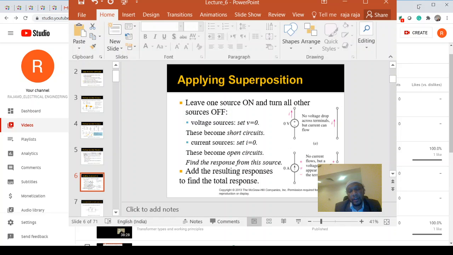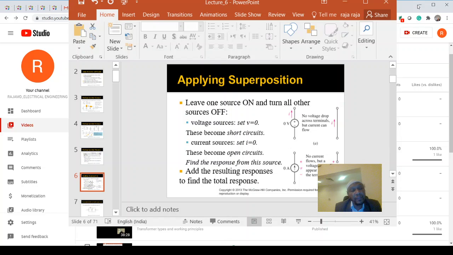In the circuit, however many sources there are, no problem, you keep only one on in the first case for analysis. All other sources are off. Next, the opposite: the one you made on first, you turn off. This way we apply the superposition principle in electric circuit analysis.